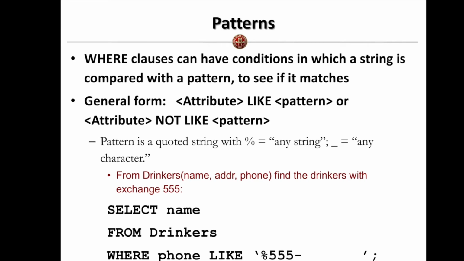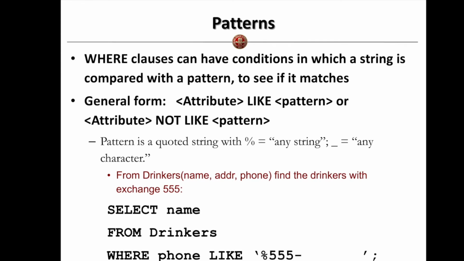So for example, given the drinkers table, we have name, address, and phone number. We plan to find the drinkers with the exchange number 555. We can do so by selecting the name of the drinker from the drinkers table, where the phone is like percent 555 followed by some other phone digits. So here this percent denotes some string before 555, right?